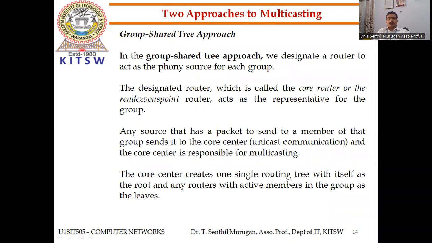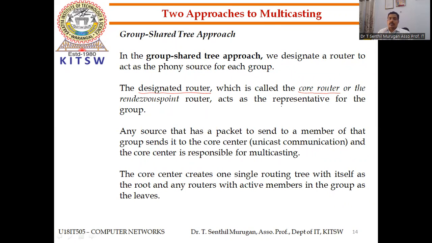Group shared tree approach is also one of the multicasting techniques. What is the group shared tree approach? Here we designate a router to act as the representative source of each group. So we give one router a designation, the core router or rendezvous router.